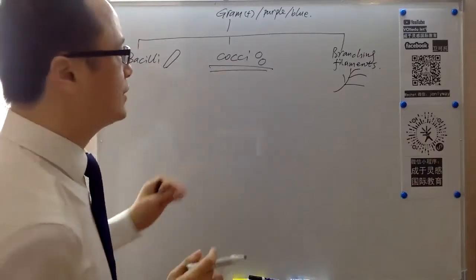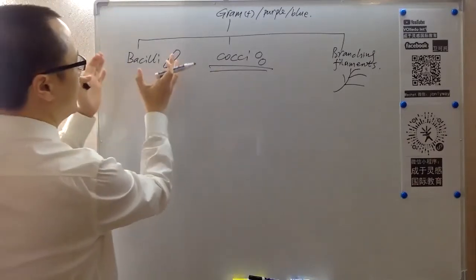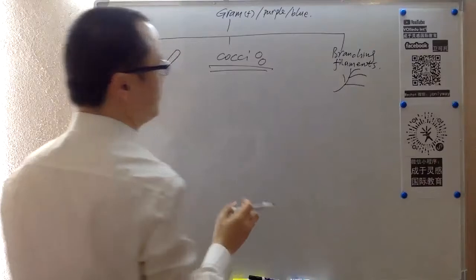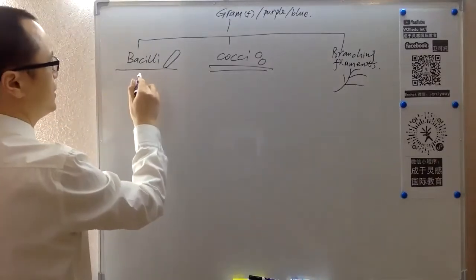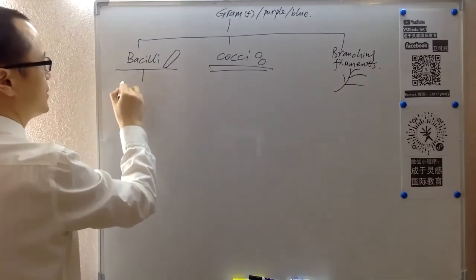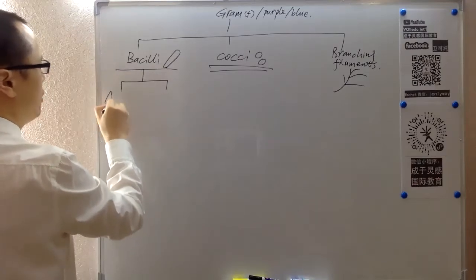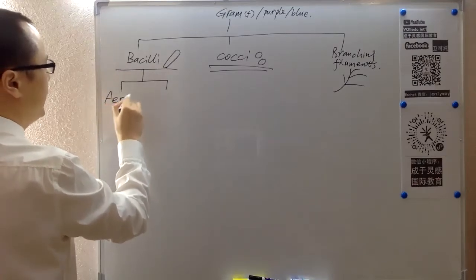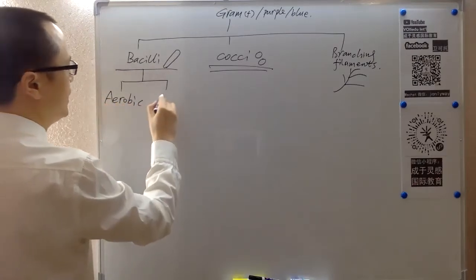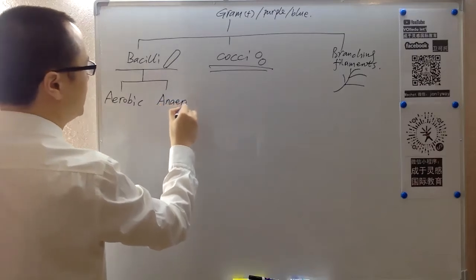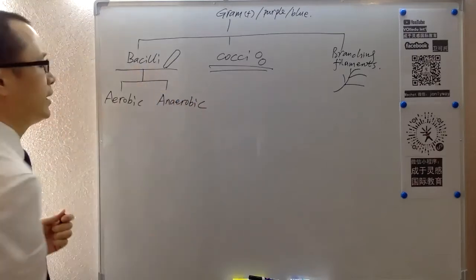I would like to first tell about the bacilli and the branching filaments. First, the bacilli: there are two kinds. One is aerobic, and another is anaerobic bacilli.